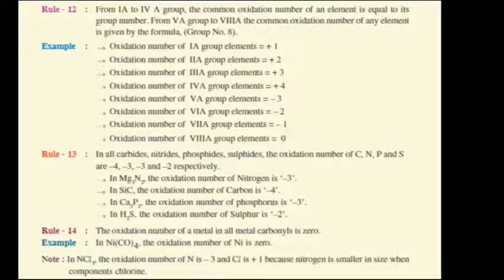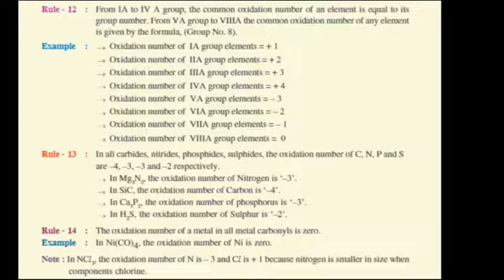Rule 12: From group 1A to 4A, the common oxidation number of an element is equal to its group number. From group 5A to 8A, the common oxidation number of any element is given by the formula.